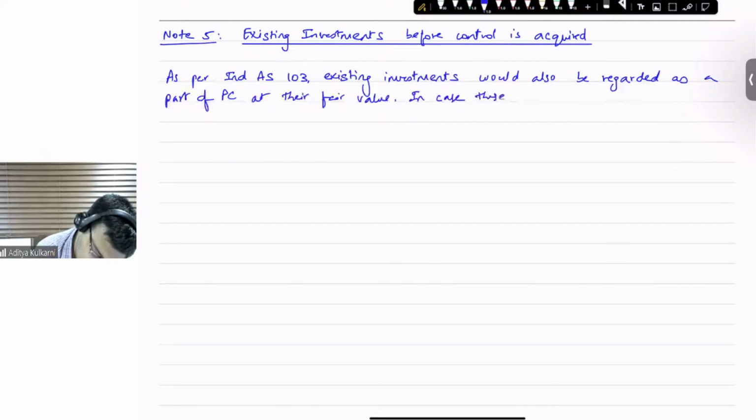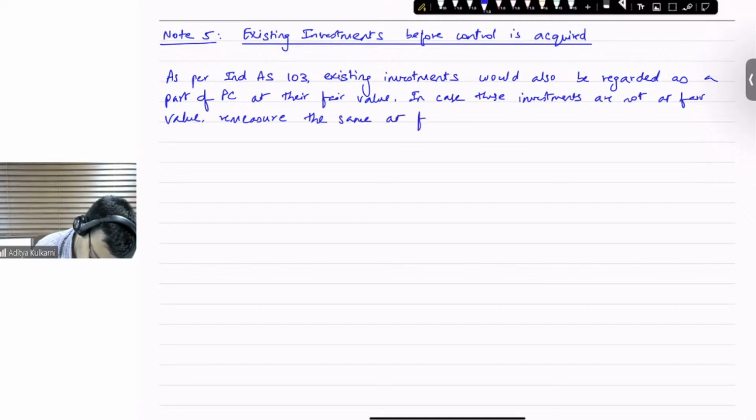In case these investments are not at fair value, what will you do? You will remeasure the same at fair value.